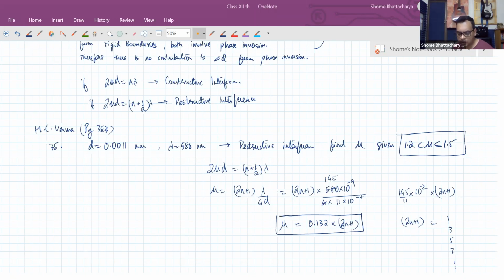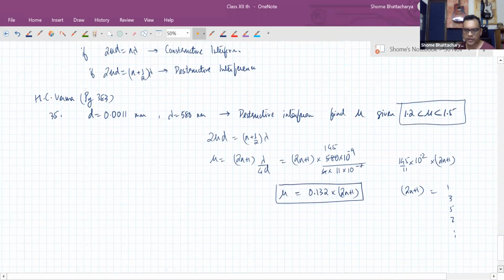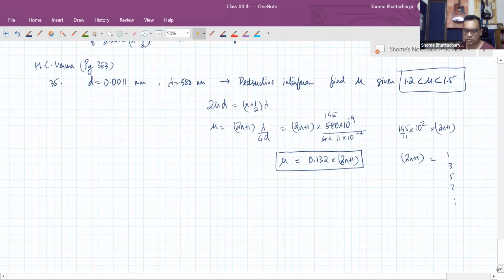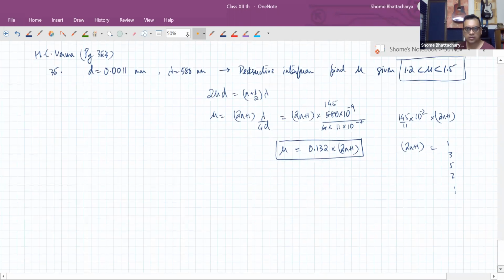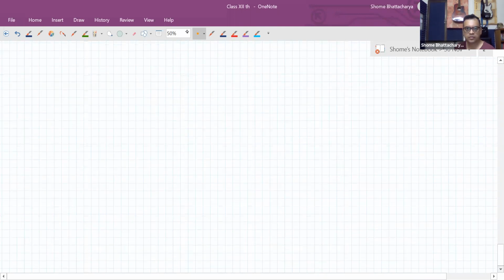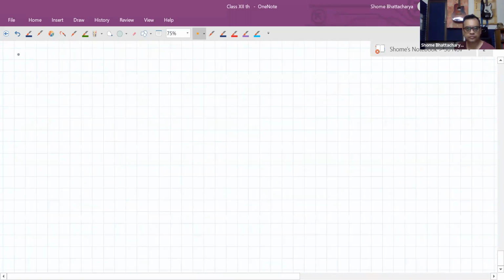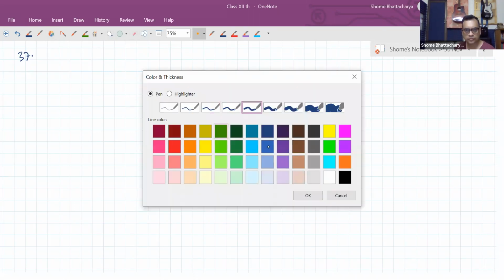Now similarly, let's look at the 37th question. It says a parallel beam of white light is incident normally on an oil film which is of given thickness.